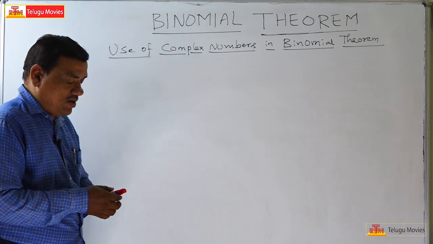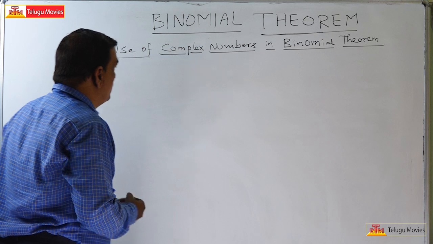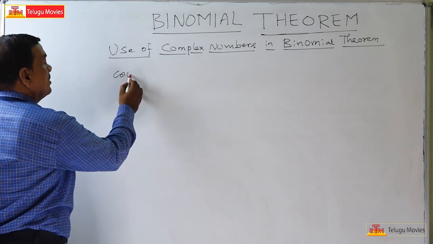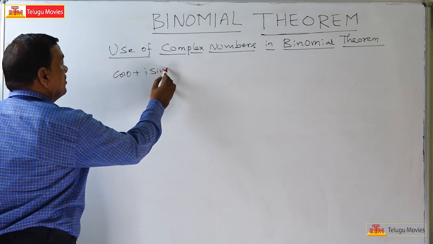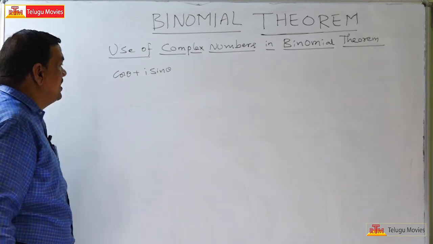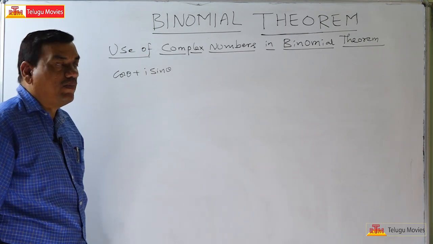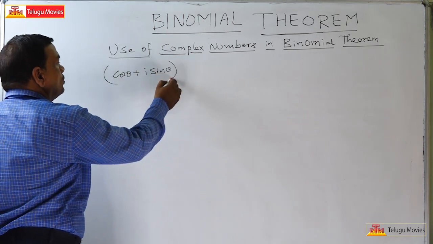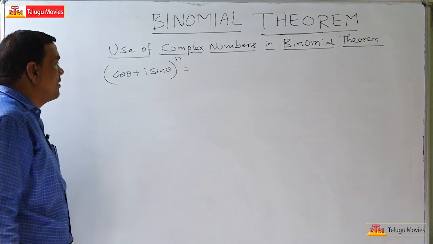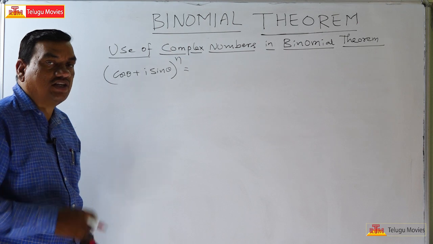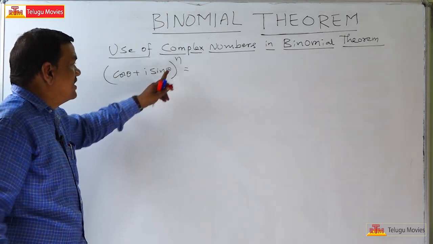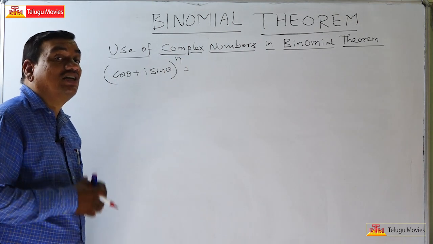Let us take a complex number of the form cos theta plus i sin theta, where theta is any real number and i is defined as root of minus 1. Let us say whole to the power of n: cos theta plus i sin theta whole to the power of n. Let us see the observation: cos theta plus i sin theta whole square, cos theta plus i sin theta whole cube.